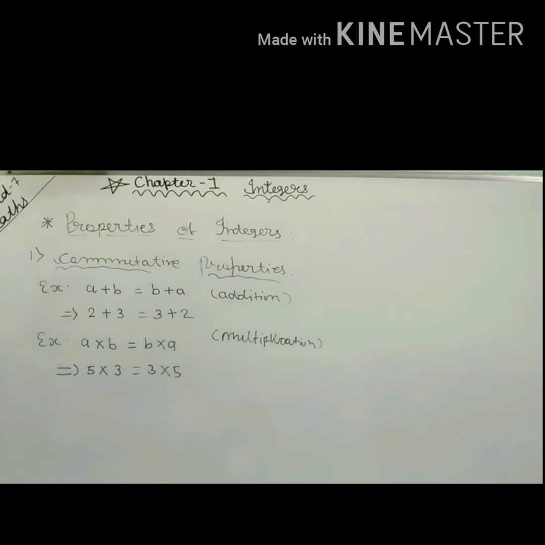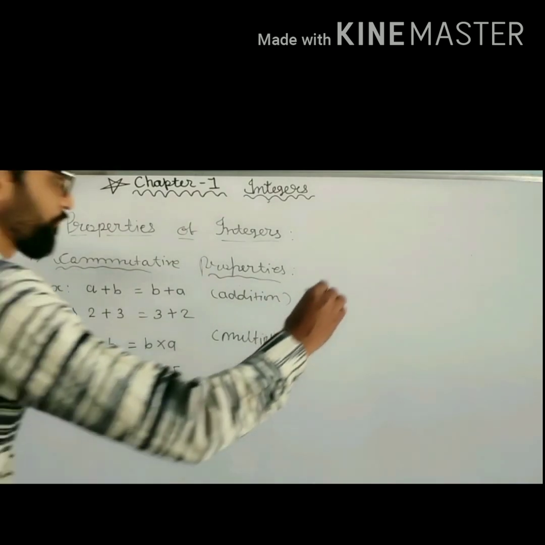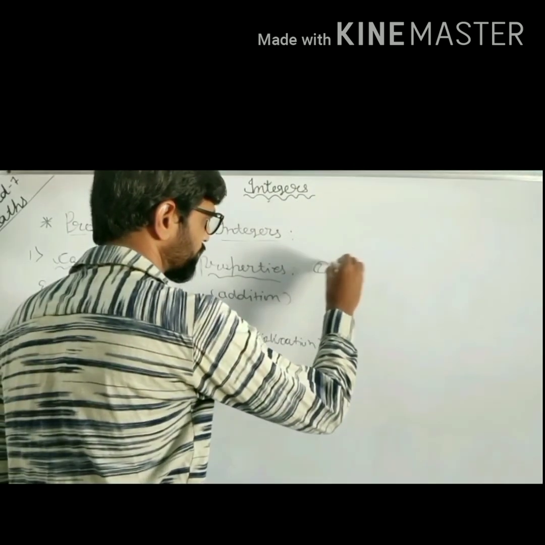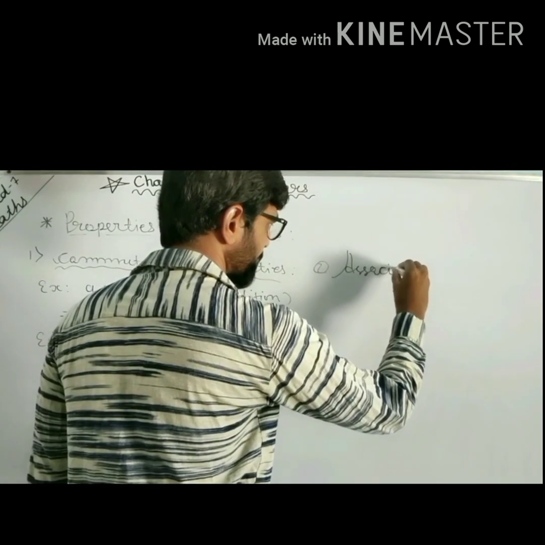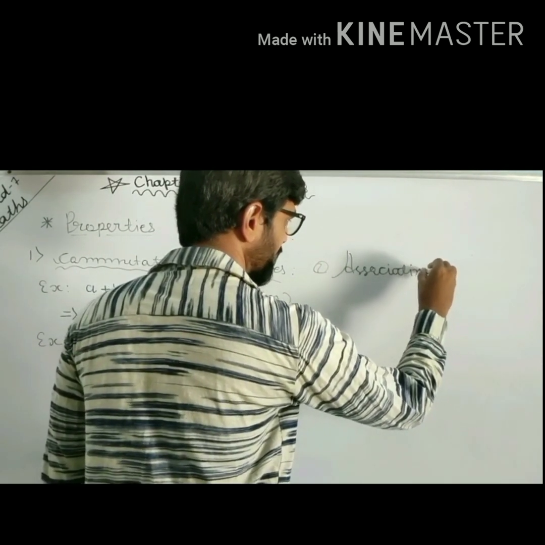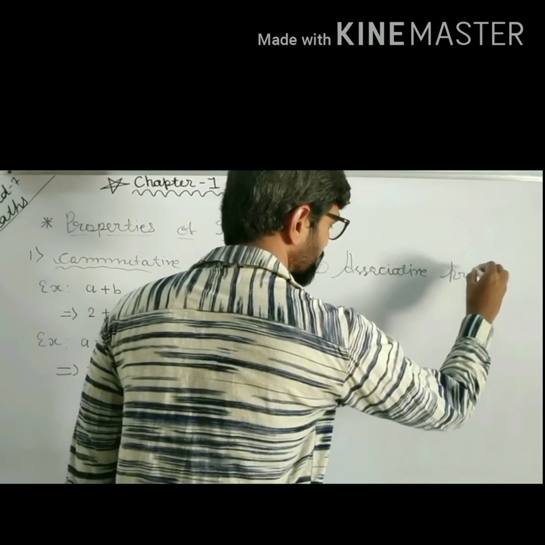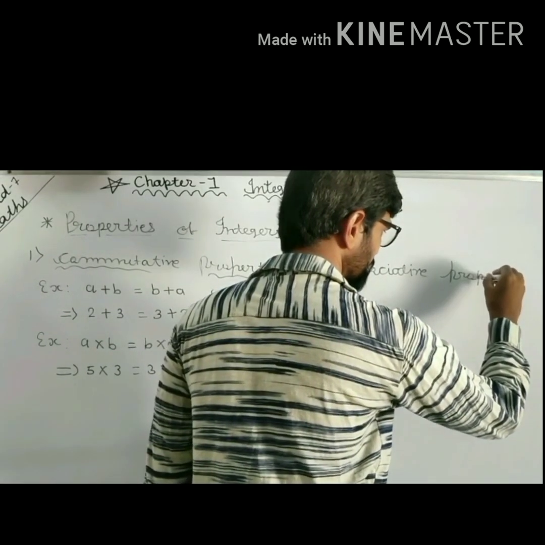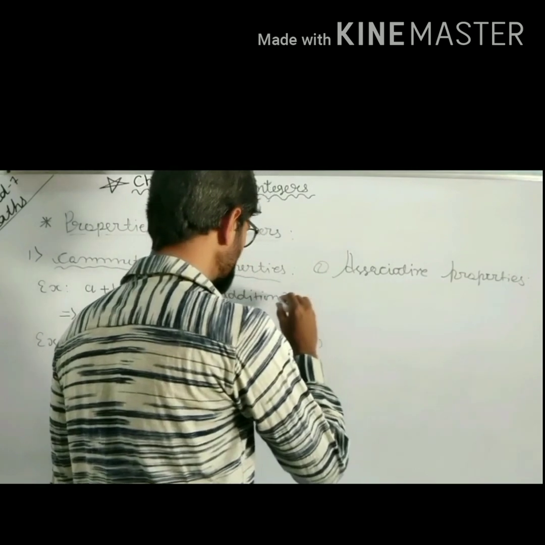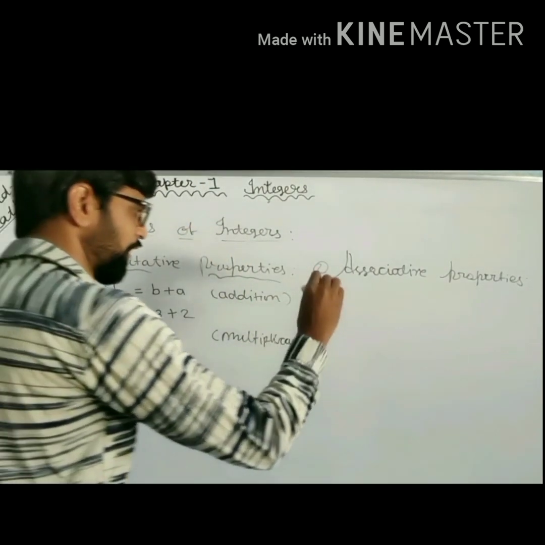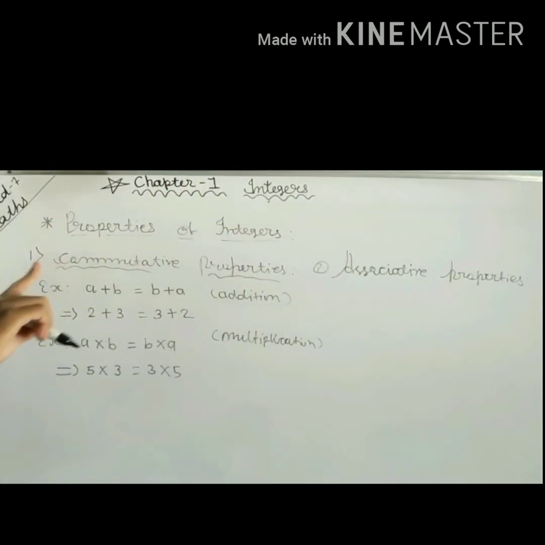Now I am moving on to the associative property. It is also for addition and multiplication both. First I am taking addition, then after that multiplication.